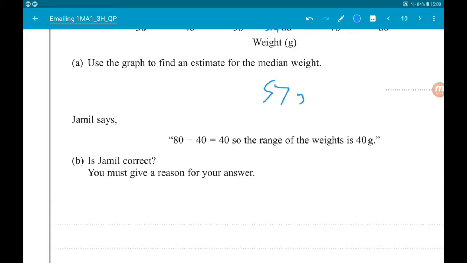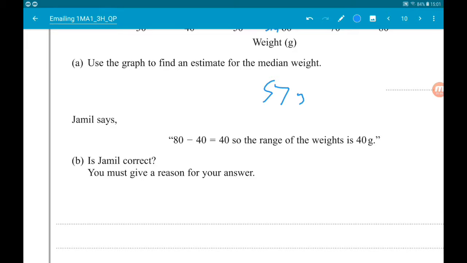Okay, then for part B. Jamil, maybe, says that 80 minus 40 is 40, so the range of the weights is 40 grams. Is Jamil correct?